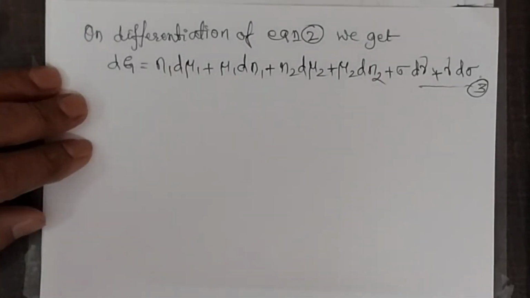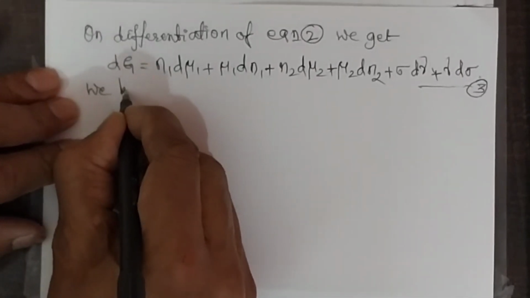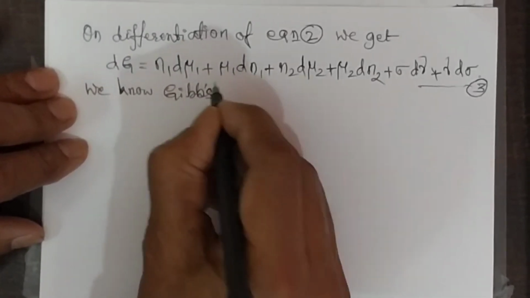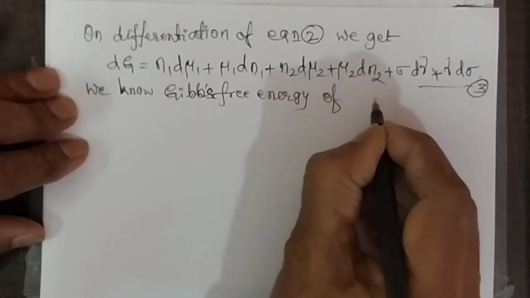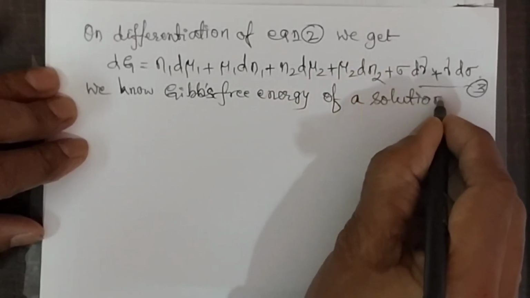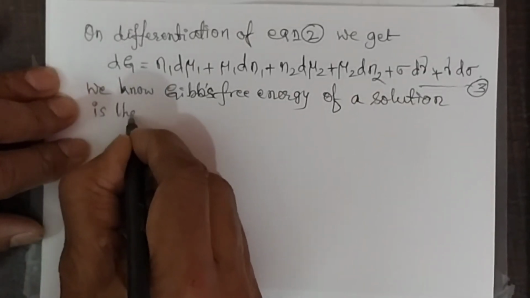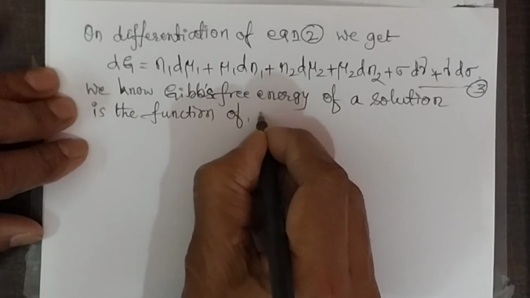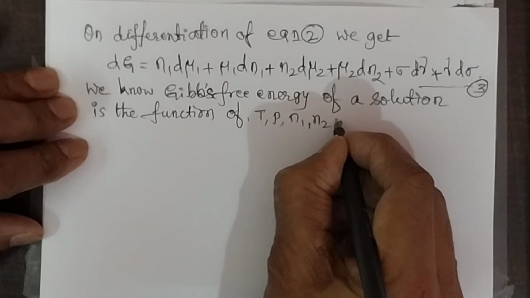We know Gibbs free energy of a solution is a function of T, P, n1, n2 and rho.